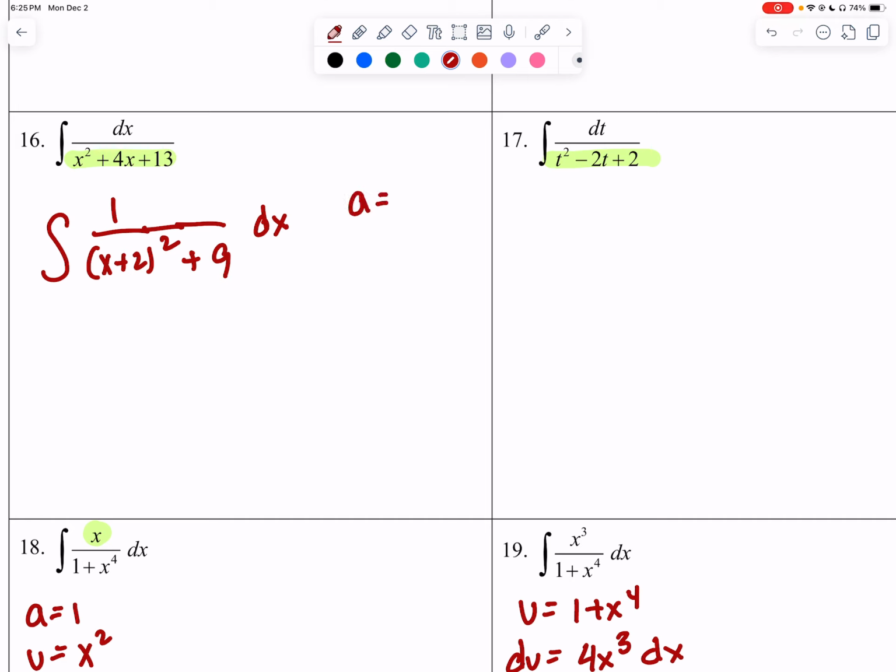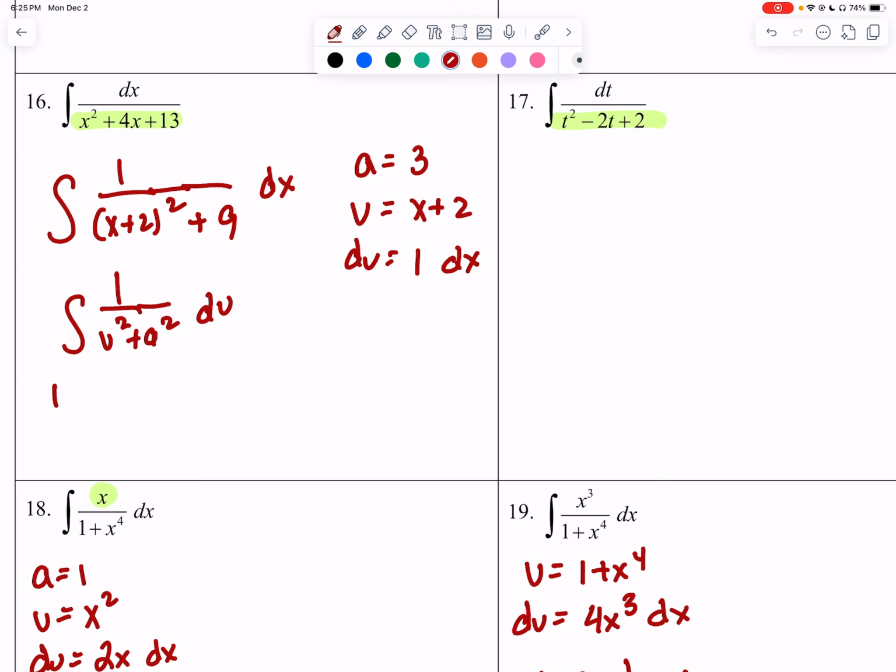So my a value is going to be 3, and then my u value is going to be x plus 2. Now du right here is just going to be 1. So then I'm just going to have 1 over 3 inverse tangent of u over a, so u is x plus 2, a is 3, plus c.